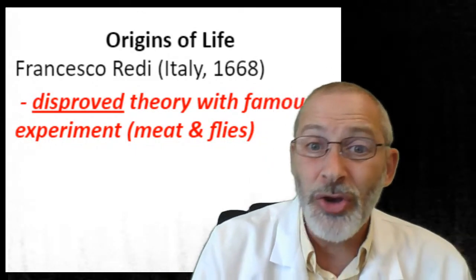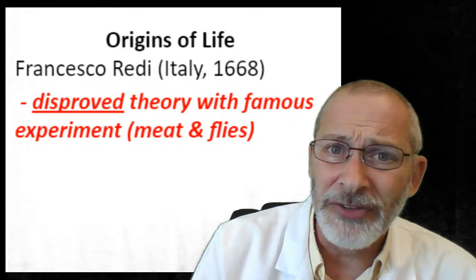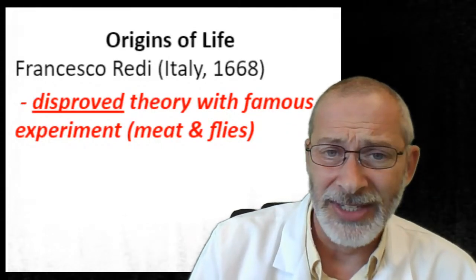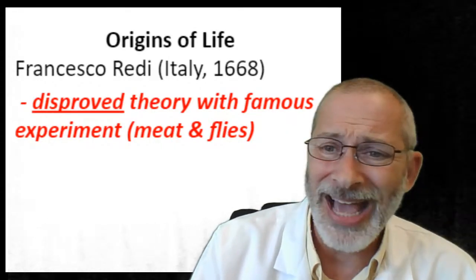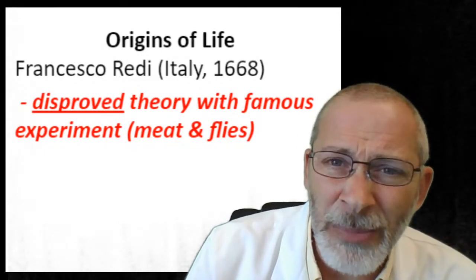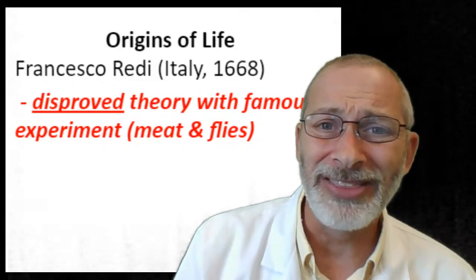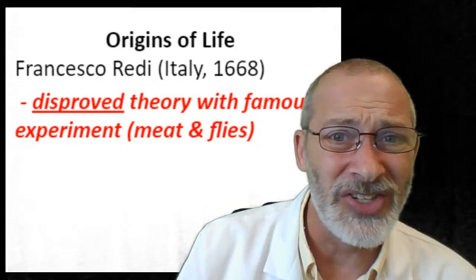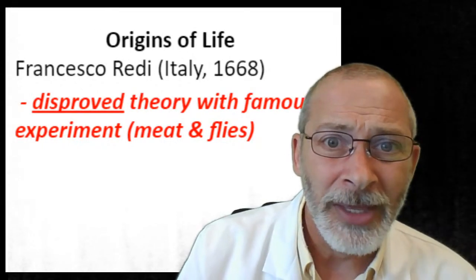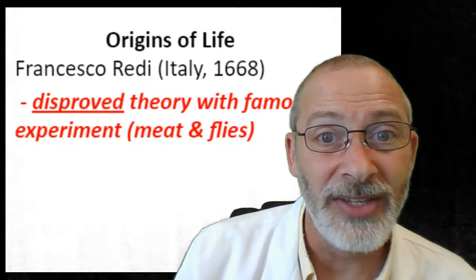Until Francesco Redi, who was a rather astute individual in Italy at the time, said, you know what, I don't think that's where living things come from. They just don't spontaneously generate themselves from non-living stuff in a trash heap. He had a different hypothesis.